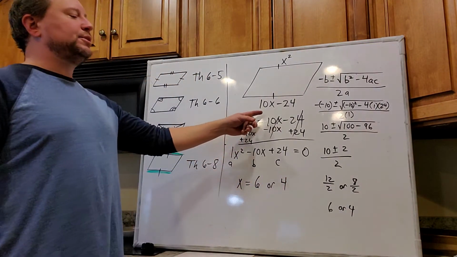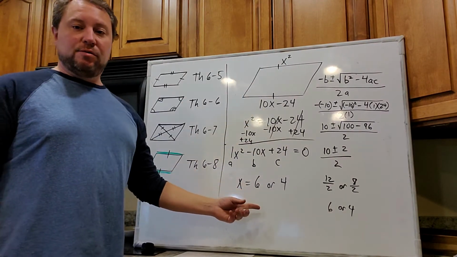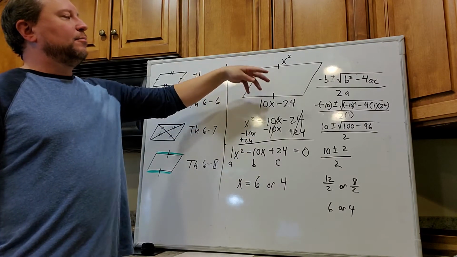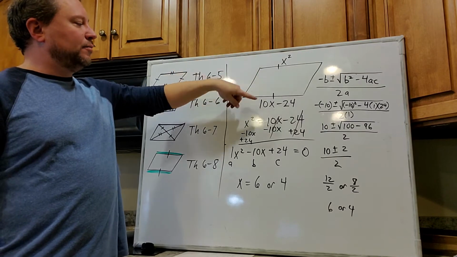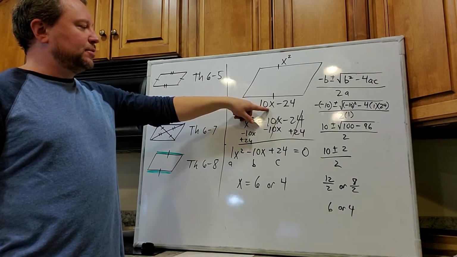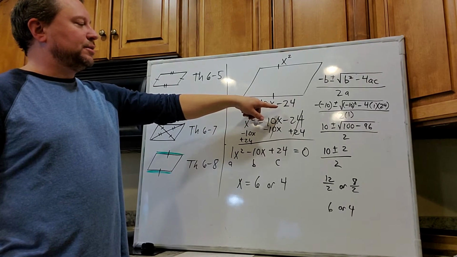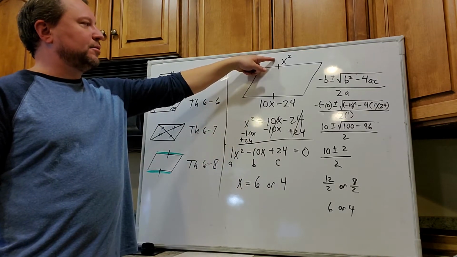You always want to double check and make sure that they're both viable answers. If you plug those back into here, make sure you get positive distances for each of these. And sure enough, if you plug in a 6, you get 60. 60 minus 24 would be 36, and if you square 6, that's 36.